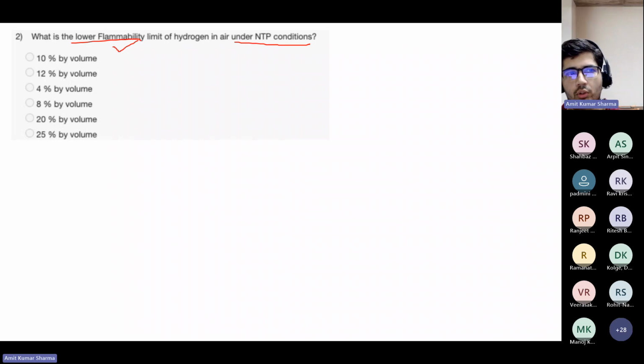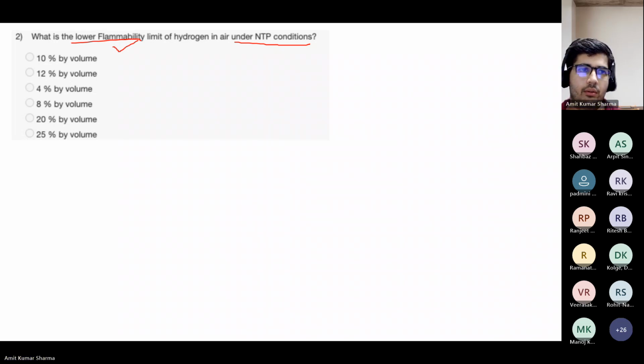So suppose if it is 3%, then what will happen? It is not sufficient for catching the flame. And do you need an ignition source or not? If there is 5% of hydrogen in a particular environment, by volume 5% in the air, do we need an ignition source like a spark, or will it self ignite? No, we need a spark to ignite the flame.